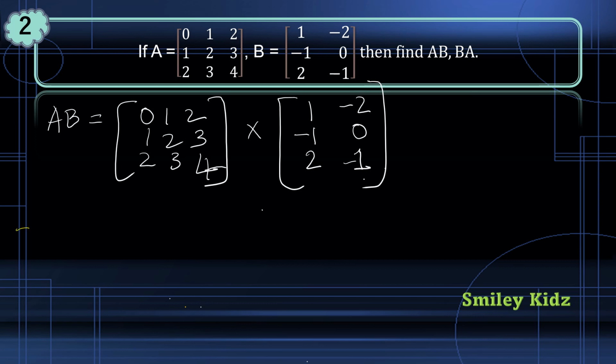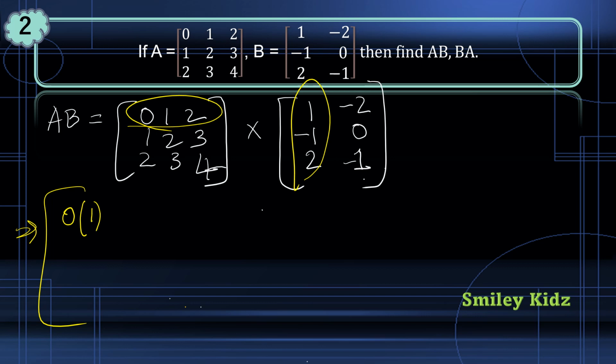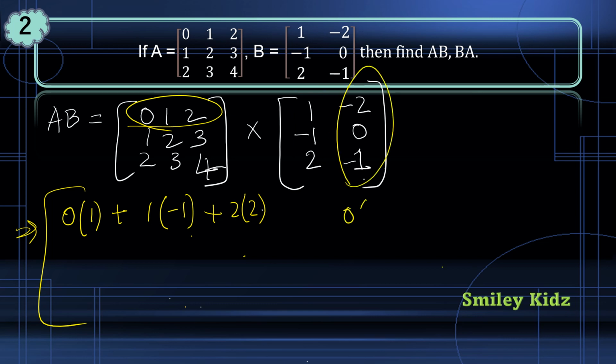Now, take the first row, 0 into 1, with the first column. So, 0 into 1 plus 1 into minus 1 plus 2 into 2. Put this aside. Take the second column: 0 into minus 2 plus 1 into 0 plus 2 into minus 1.